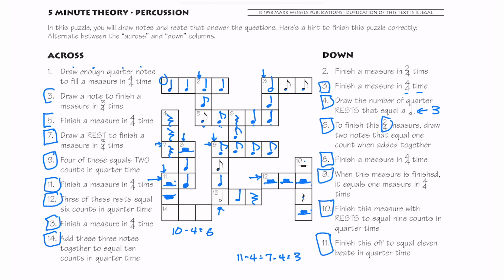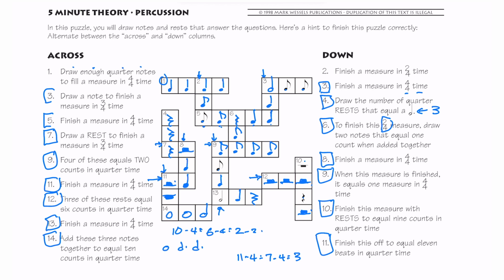That means this is a whole note. All right, so 3 notes together equals 10 counts. So I could do another whole note. So 6 minus 4 equals 2, and then a half note. Okay, 2 minus 2 equals, okay, 10. So that could be a whole plus a dotted half plus a dotted half. Okay, that's basically it.